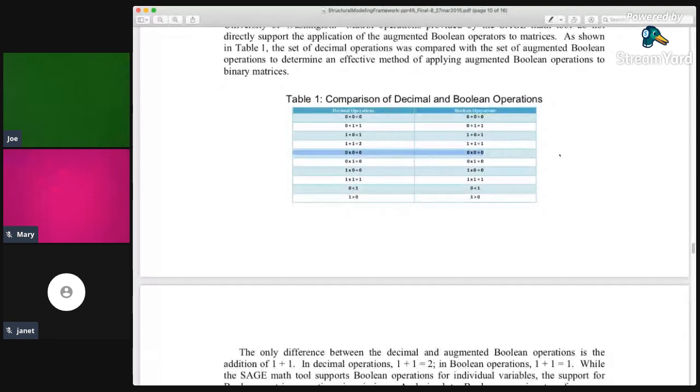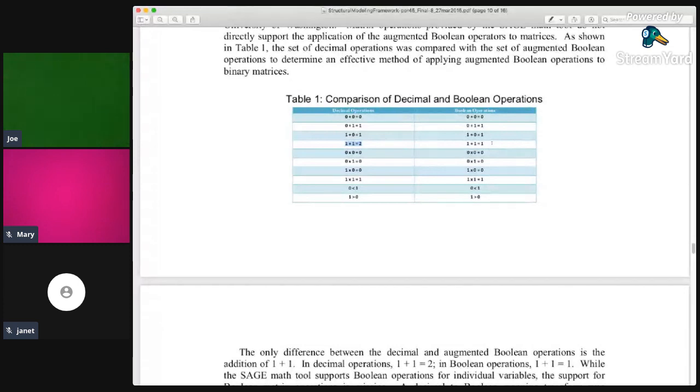We just notice that they're the same except for this. In decimal operations, 1 plus 1 equals 2. And of course, in the Boolean operations, it's 1 plus 1 equals 1. But besides that, everything else is the same.